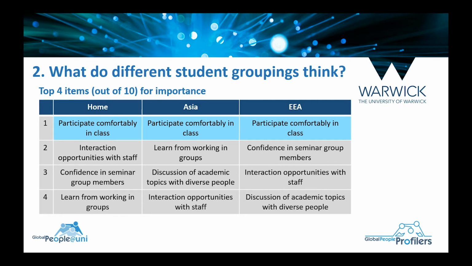And if we look at the top 4 for importance across these 3 regional groupings, we can see that actually participate comfortably in class was of top importance for all the students. Then, interaction opportunities with staff was also of great importance to all 3 groupings, slightly differently ordered, but still in the top 4.